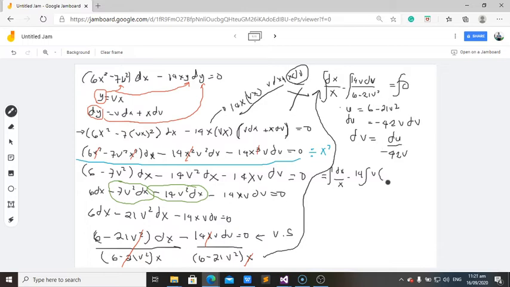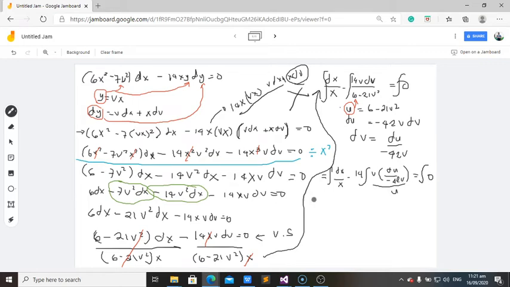Dv is du over negative 42v. So over 6 minus 21v squared, that is our u. Okay, so this is our u na siya, u na to na. Okay, so from there you have over u, so equals integral of 0.